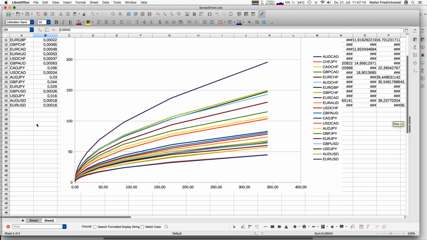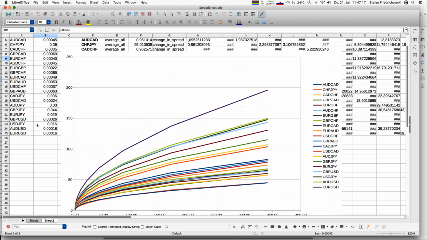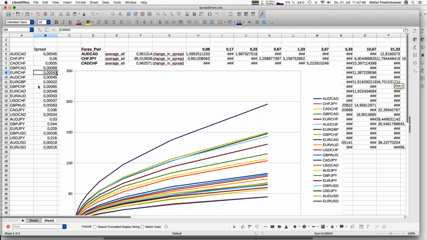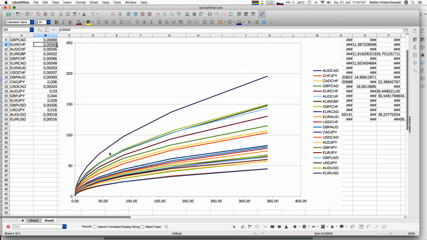I have calculated all the percentage movements into absolute movements in terms of those specific underlyings, and then I have divided that number by the typical spread, because we have to earn the typical spread first in order to get a profitable trading strategy. So still we have the same kind of behavior.